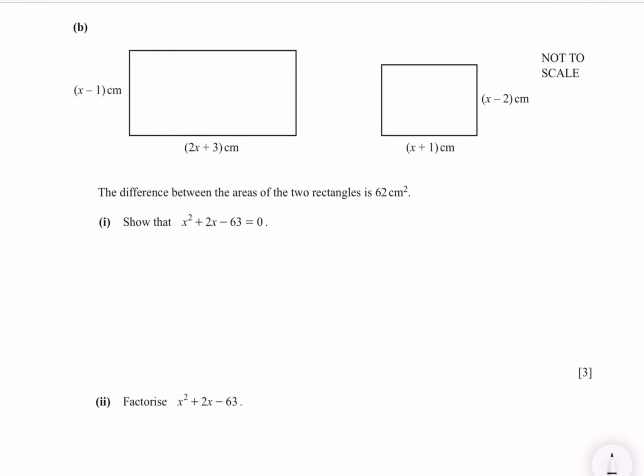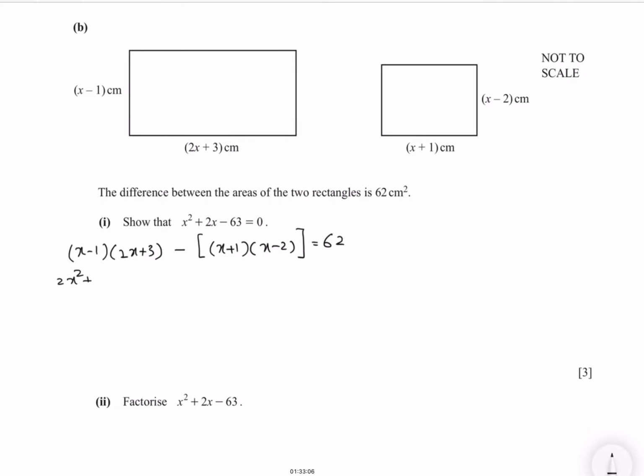The difference between the areas of the two rectangles is 62 centimeters square. Show that x square plus 2x minus 63 is equal to 0. So the area of the first rectangle, x minus 1 times 2x plus 3, minus the area of the second, x plus 1 times x minus 2, is equal to 62. Now simplify it.